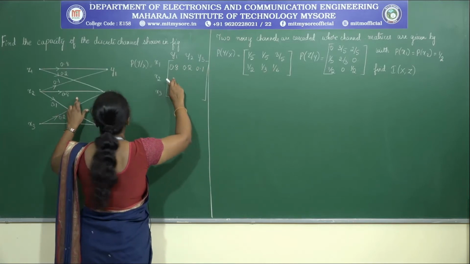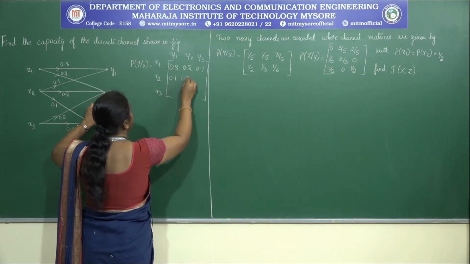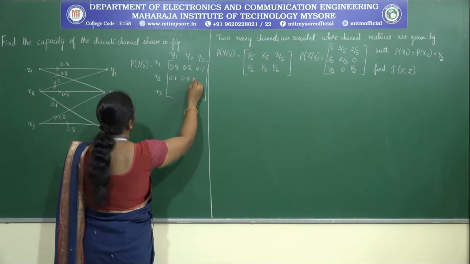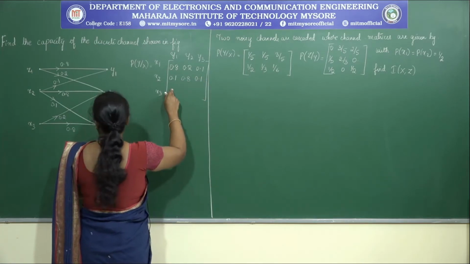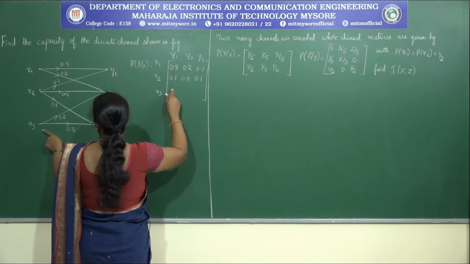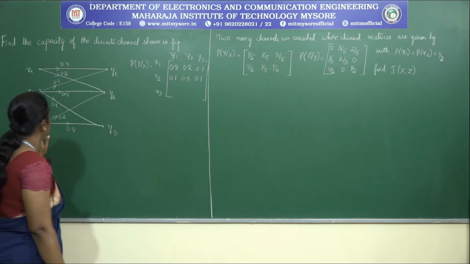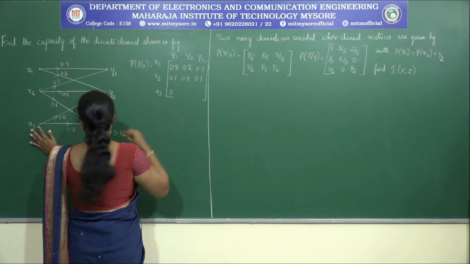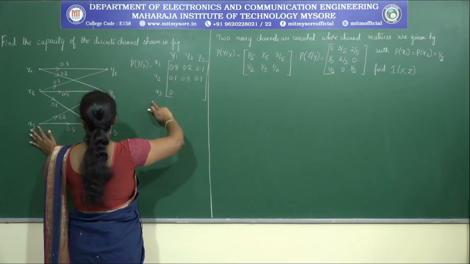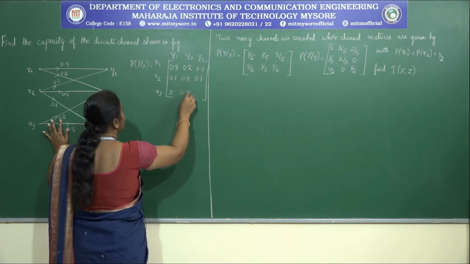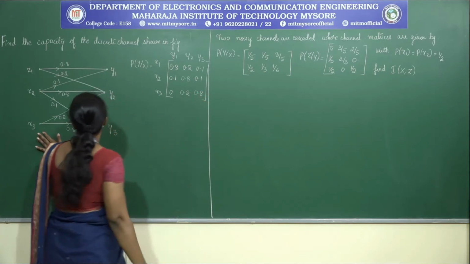Then y1 by x2 is 0.1, y2 by x2 is 0.8, and y3 by x2 is 0.1. Then y1 by x3: we don't have any connection, so it will be 0. Then y2 by x3 is 0.2, and y3 by x3 is 0.8.